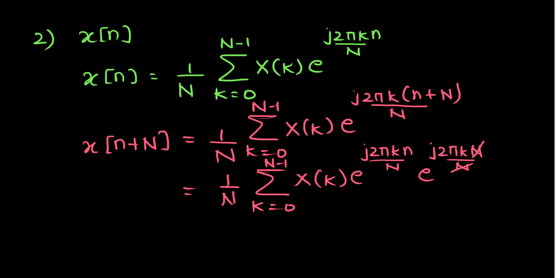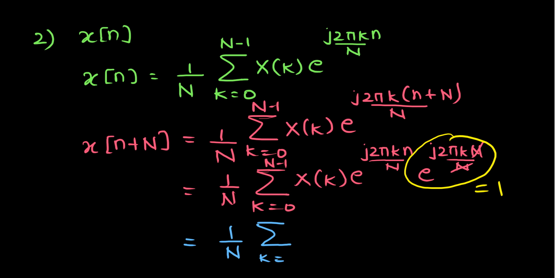So this factor gets cancelled here, and again we are having an integer multiple of 2 pi as a power of this complex exponential, and therefore this term here is again equal to 1. Therefore we have 1 by N summation k running from 0 to N minus 1 X of k into e to the power j 2 pi k n by capital N, which is equal to x of n.